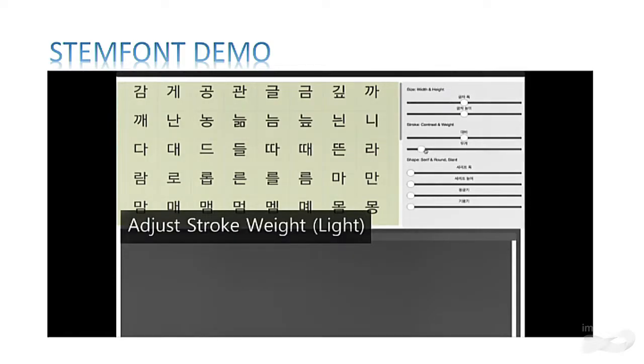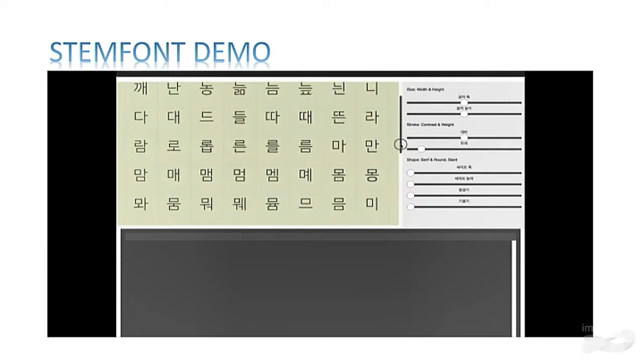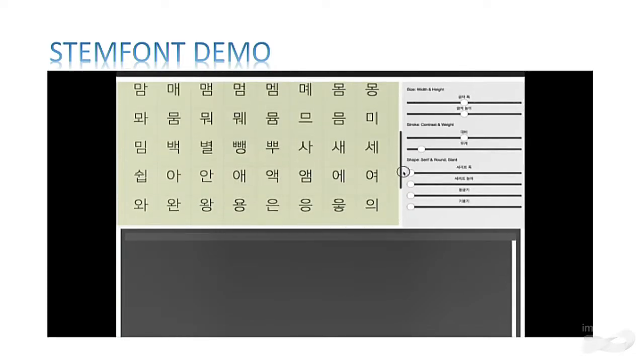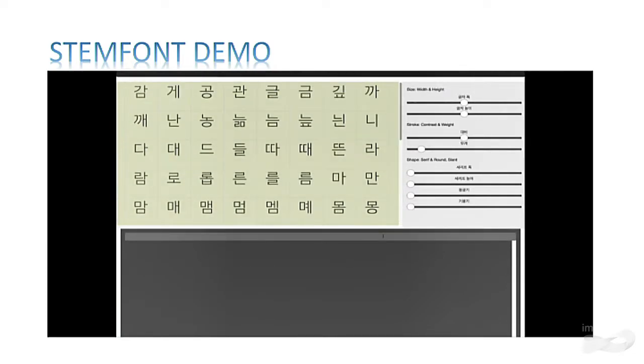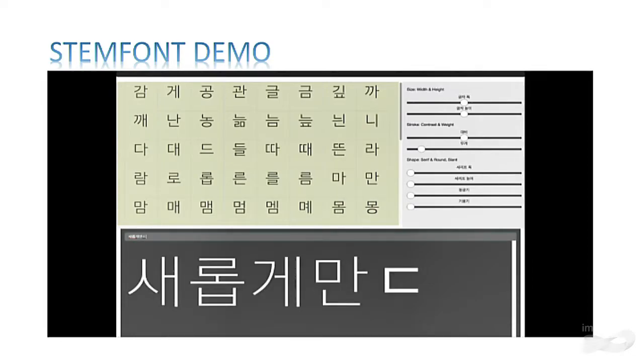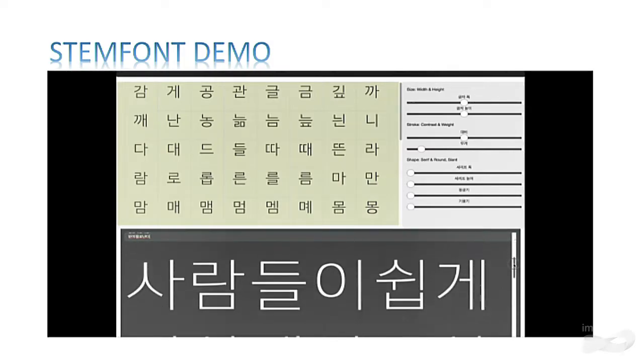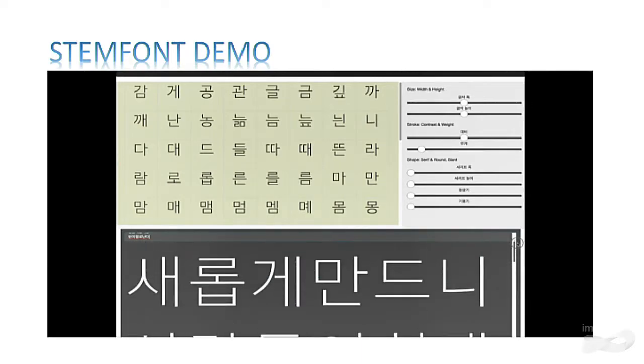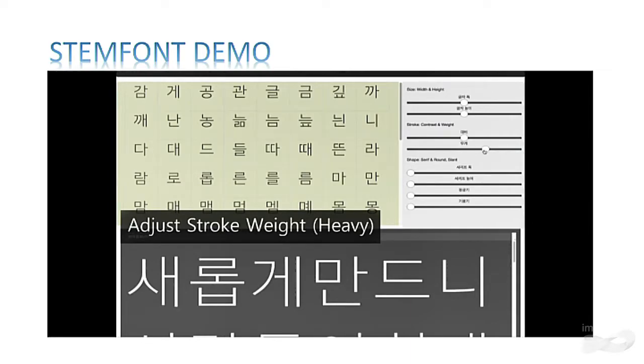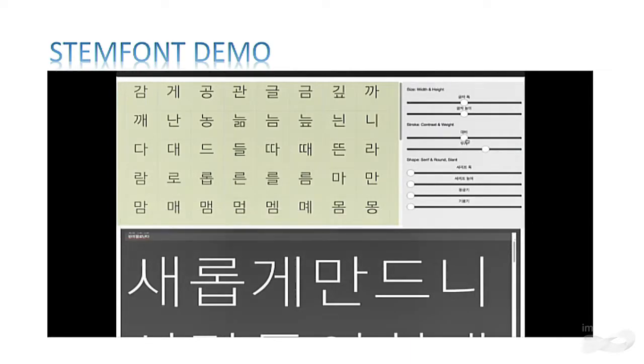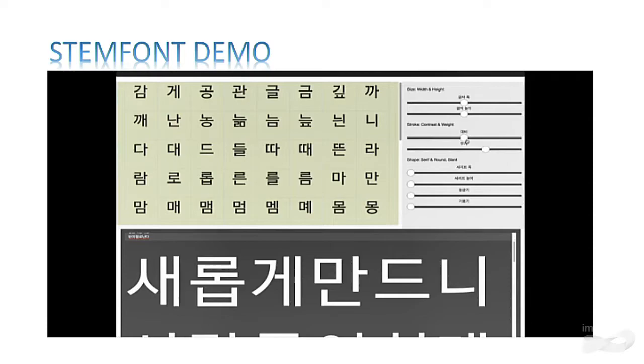With this, we can adjust the stroke. This is a little bit lightweight. You may not be familiar with what it means, but anyway, each one is a character. We want to adjust the stroke weight a little bit heavier, like this.